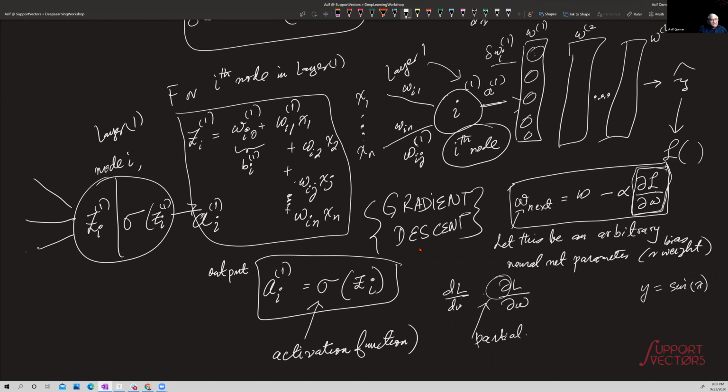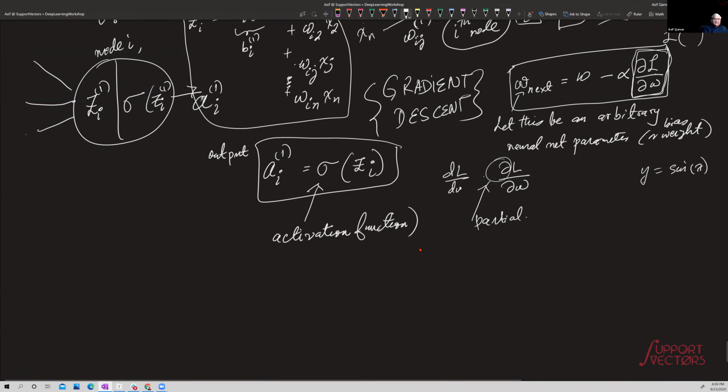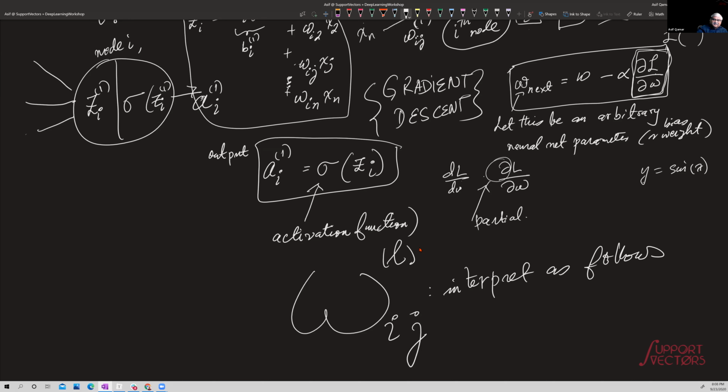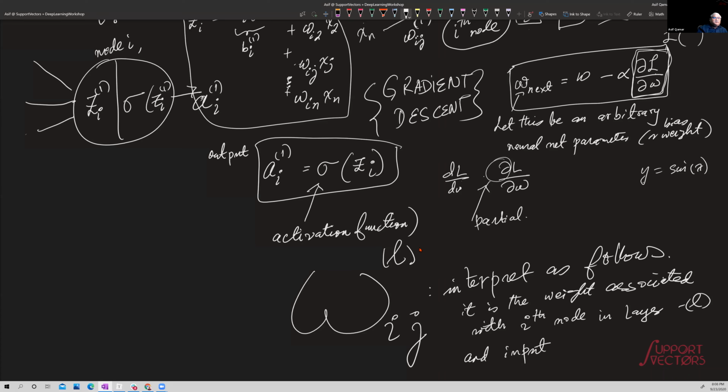Okay. So from this, let's come up with a generalized notation. We will say that in our notation, weight Wij of layer L should be interpreted as follows: it is the weight associated with the ith node in layer L and input component xj, whatever the jth component of that is.